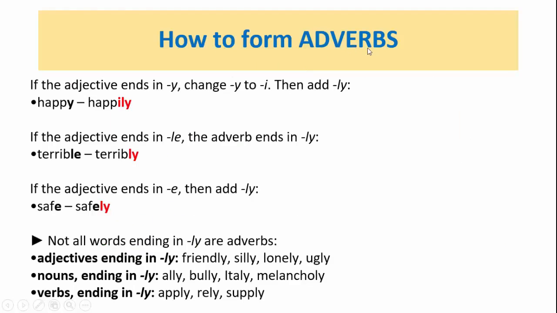How to form adverbs? If the adjective ends with y, change y to i, then add l and y. For example, happy, happily. Another rule, if the adjective ends with l and e, the adverb ends in l and y.